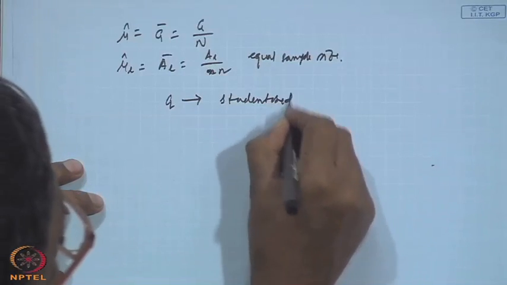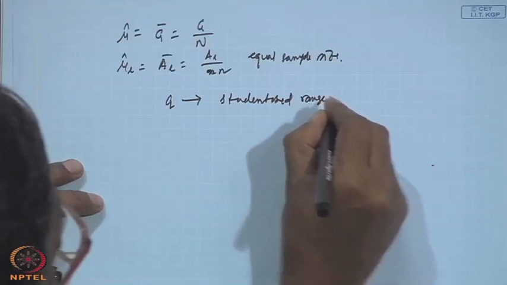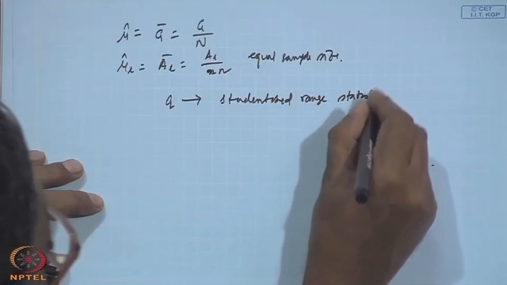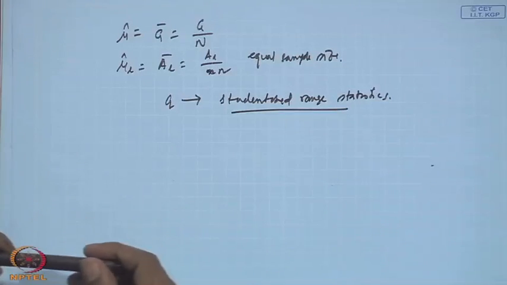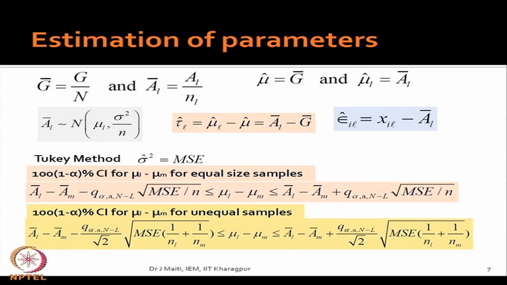Please keep in mind that here one statistic is there, Q alpha, A, n minus L, which is known as the studentized range statistic. It is similar to other statistics like Z and chi-square, but the values will be different. Here alpha is the probability, and A and n minus L are the other two parameters which will be used for seeing the table.